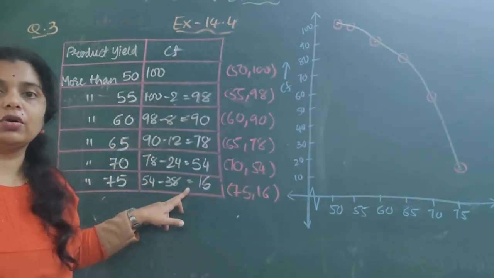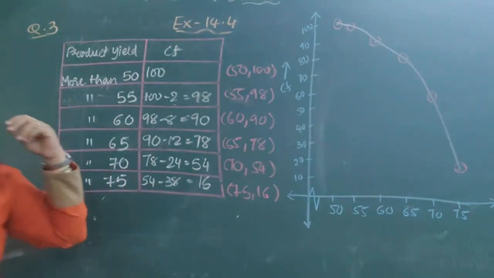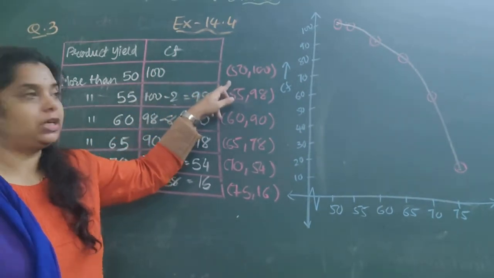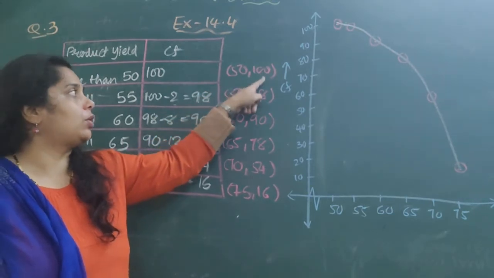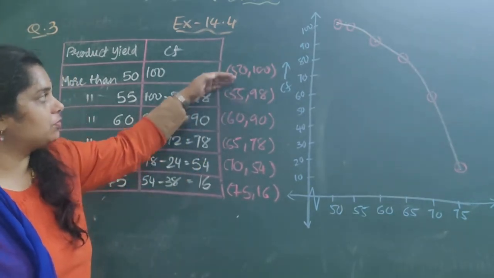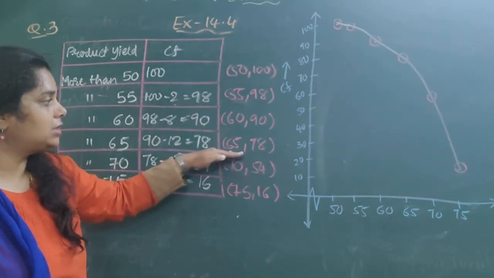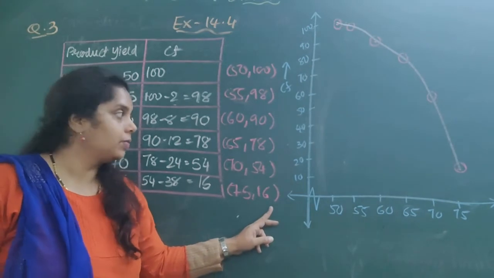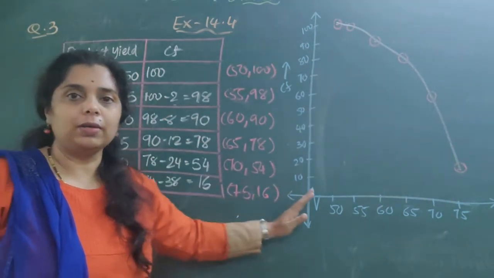And lastly we got 16. Now the points I have already written: x coordinate, y coordinate. These are the points: 50 and 100, 55 and 98, 60 and 90, 65 and 78, 70 and 54, 75 and 16. So these are the 6 points that we have to plot on the graph.